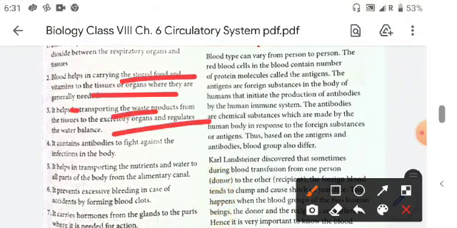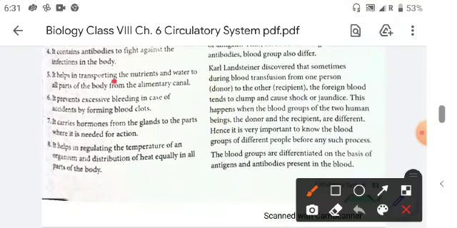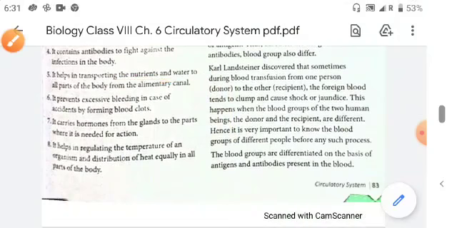And blood contains antibodies to fight against infection in our body. Blood also helps in transporting nutrients and water to all parts of the body from the alimentary canal.